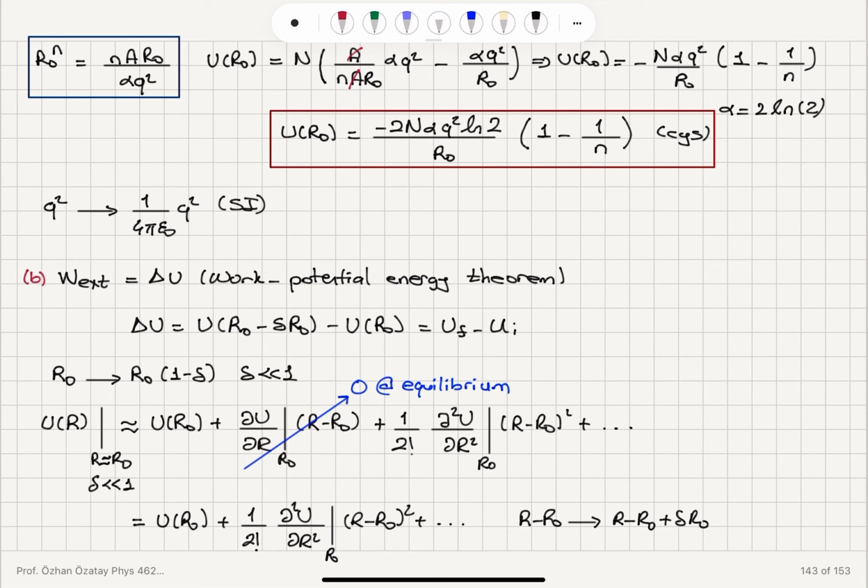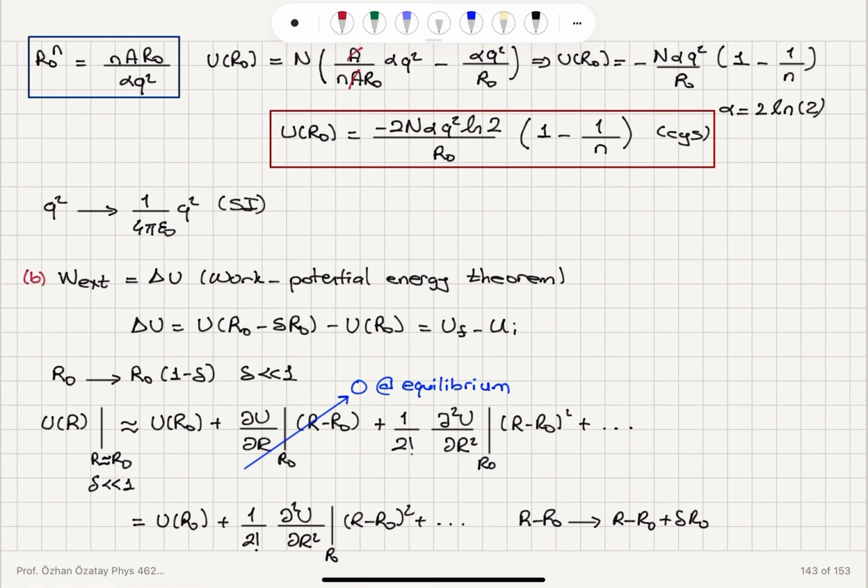If I look at the potential energy in the vicinity of R0, it is u of r0 plus the first derivative evaluated at r0, which is 0 because it's an equilibrium condition, plus 1 over 2 factorial second derivative evaluated at r0, r minus r0 squared. New r value is r0 minus delta r0, so this becomes delta square r0 square.